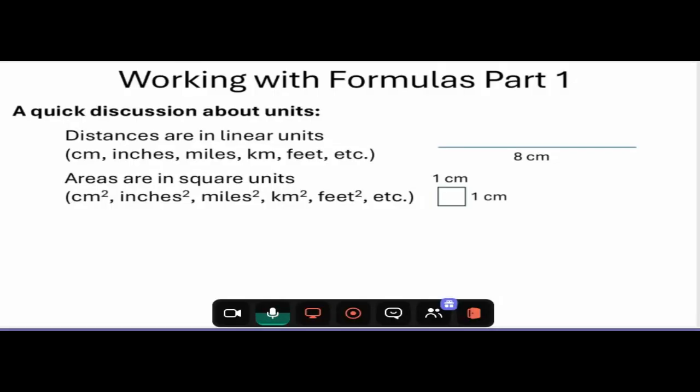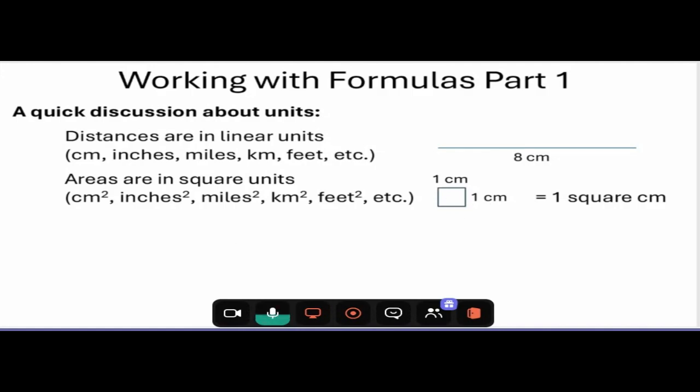What that means is you imagine taking a little box that is 1 centimeter by 1 centimeter, like that box right there, and then you ask yourself, how many of those boxes would it take to fill up the flat space that the shape takes up, like a triangle or a circle or a rectangle or a parallelogram or weird shaped things? How many of those little squares would it take to fill it up? And you see that it is a square centimeter, right? Is literally what it is.